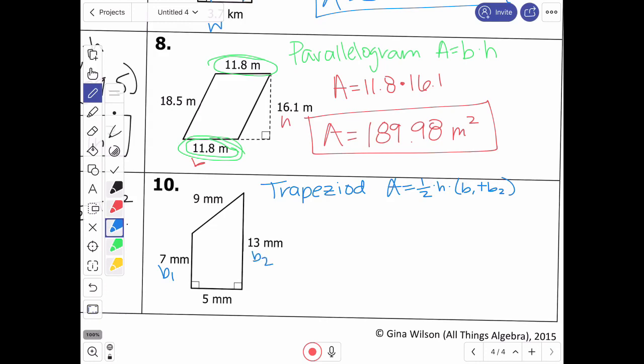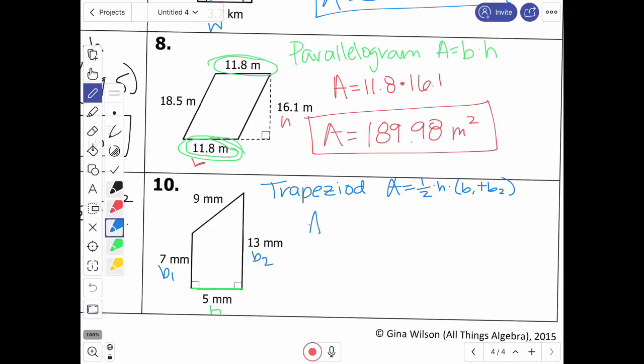Now I need to figure out what's my height. My height has to be a straight edge and it has to form a right angle. The only side that does that, that's not either of my bases, is this 5 millimeter. Okay, so there's my height. So now I have everything. I'm just going to plug it into that formula.